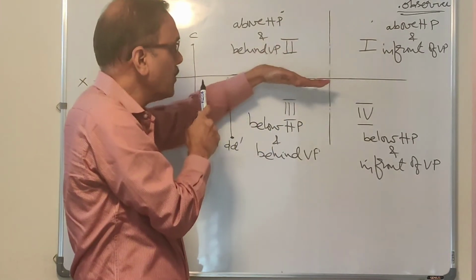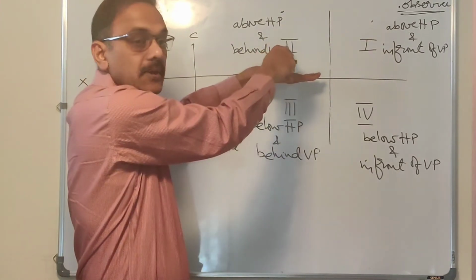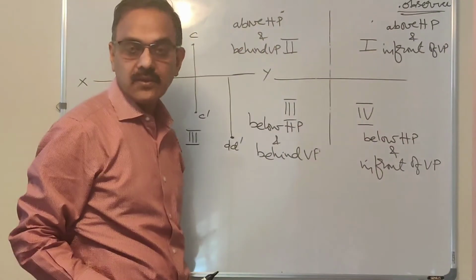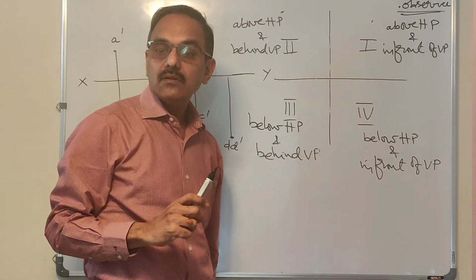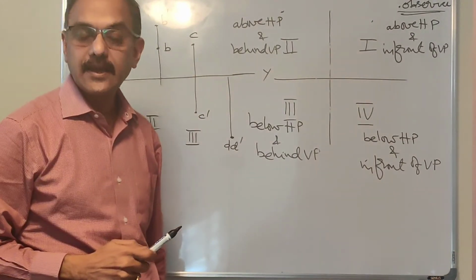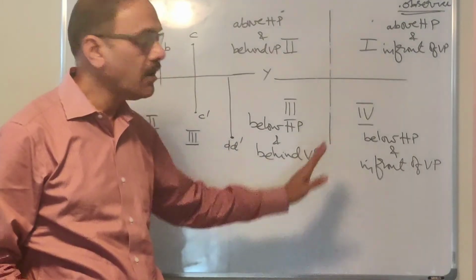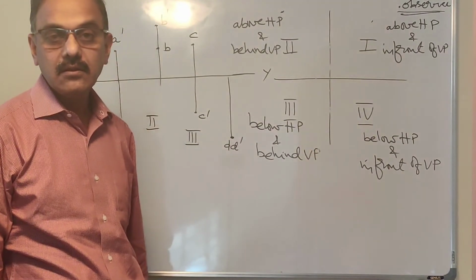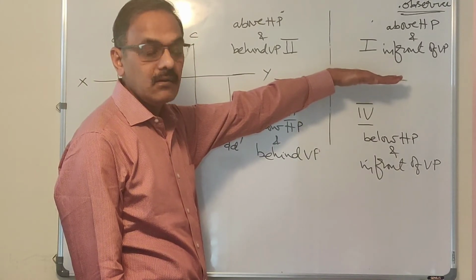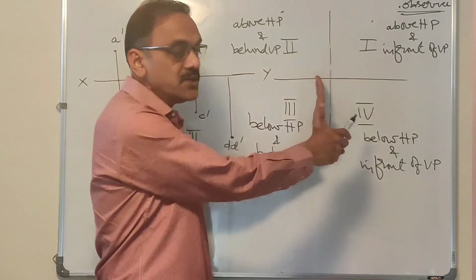When you consider the top view, the object is coming in between: observer, object and plane of projection. So the order is different for the top and front views in second angle projection. Similarly in the fourth quadrant, for the top view, plane of projection comes in between. For the front view, the object comes in between.